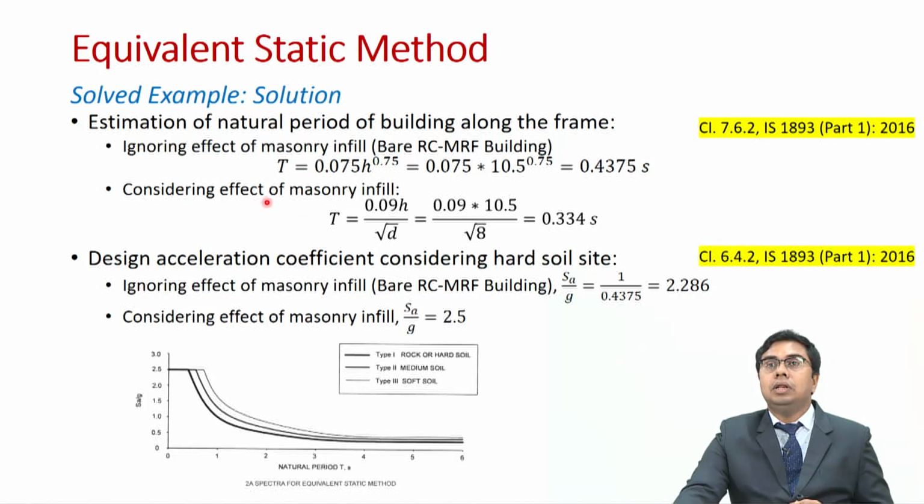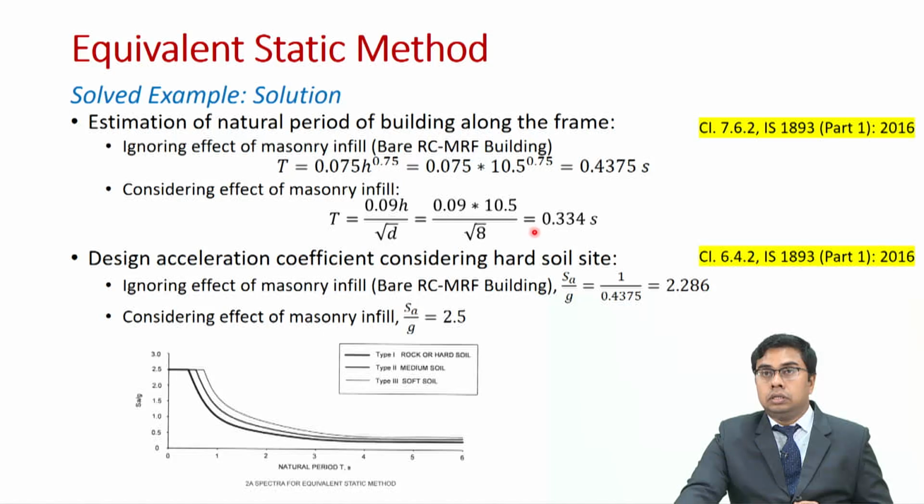So, ignoring effect of masonry infill, we get the value of natural period of the building as 0.4375 seconds, and for considering effect of masonry infill, the natural period is found to be 0.334 seconds.